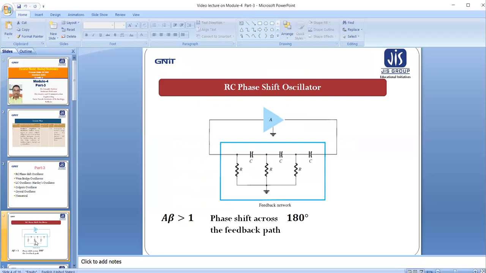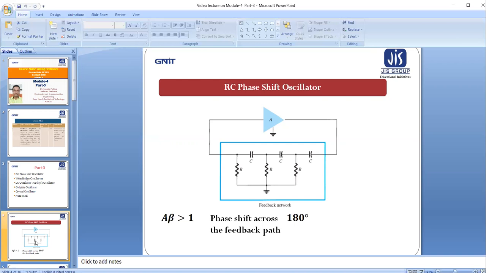This particular oscillator employs an RC network which provides the feedback signal and it meets the Barkhausen criteria. So it will produce a stable sinusoidal signal.